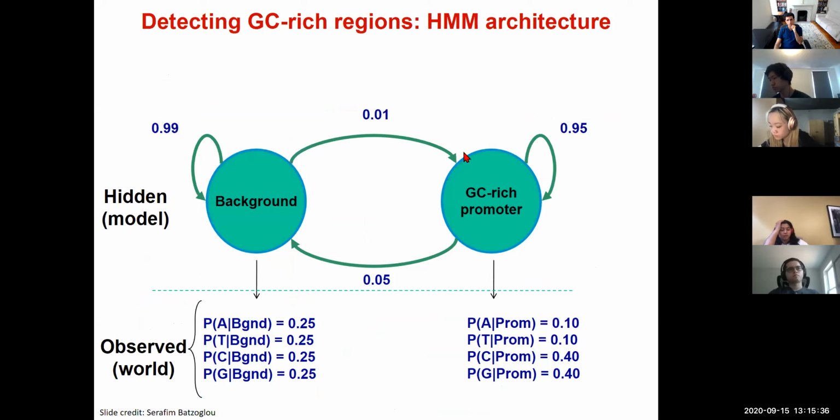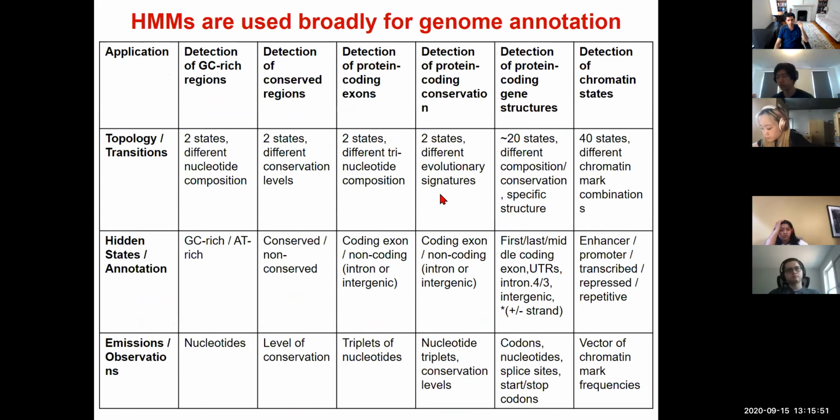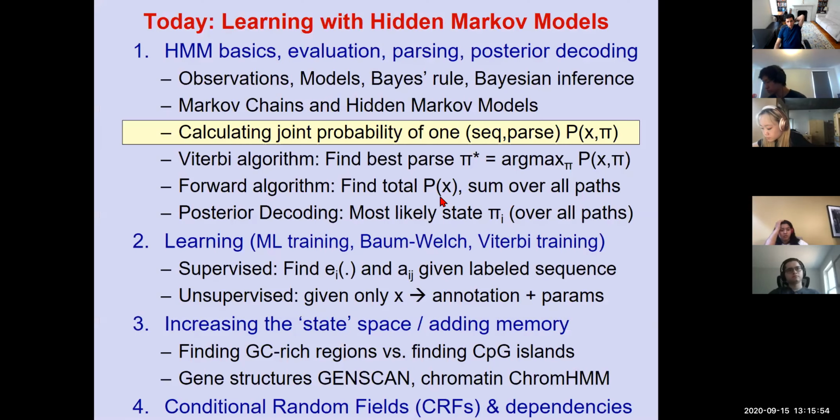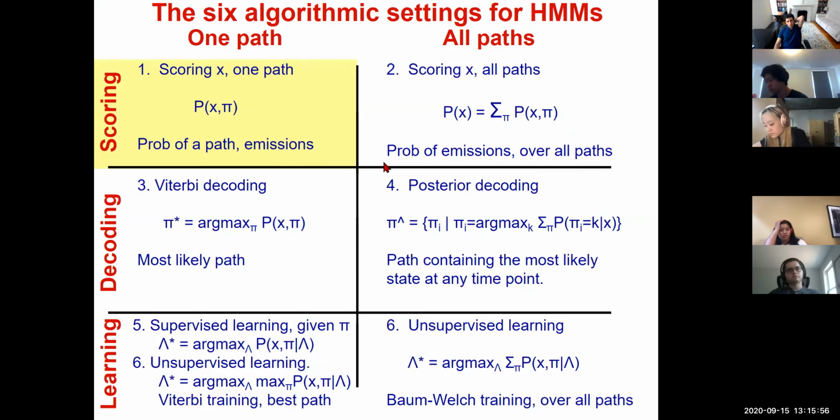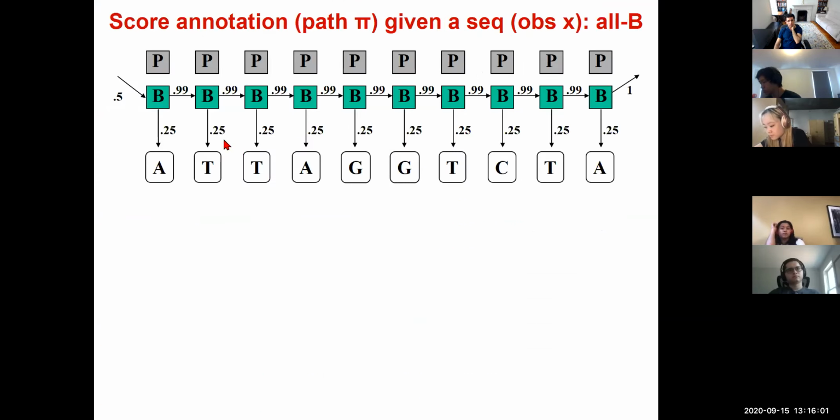And then we saw a very simple hidden Markov model detecting background sequences versus GC-rich promoters based on differences in their nucleotide frequencies and differences in their transition probabilities between them. We saw how we can calculate the total probability of that model given a path and a set of observations, and how we could parse this sequence, ATT, AGG, TCTA, in 2 ways, either all background or all promoter.